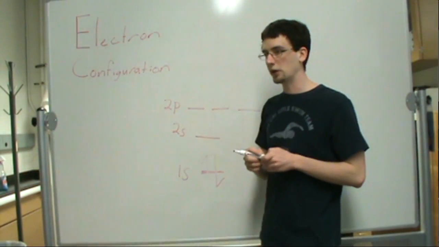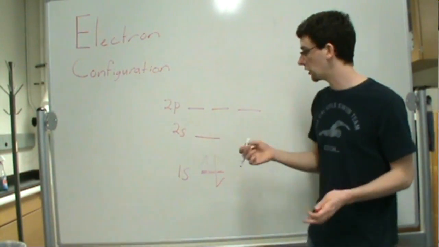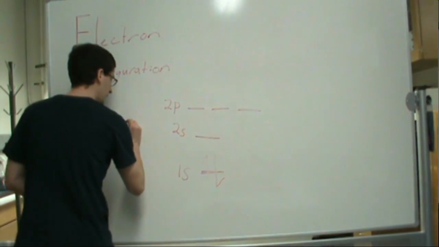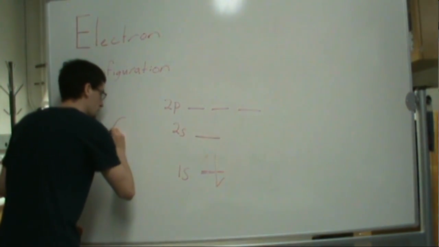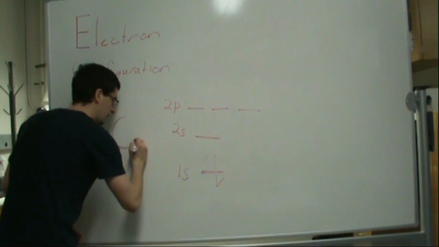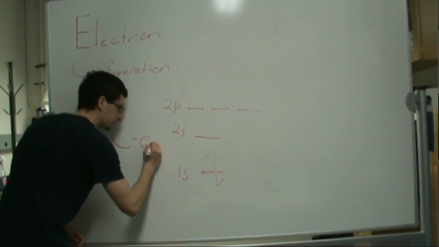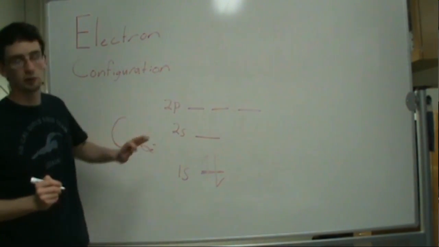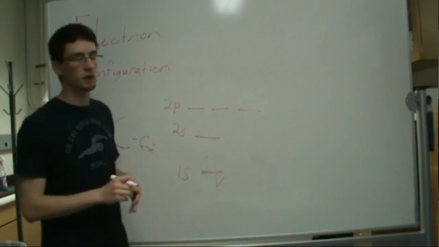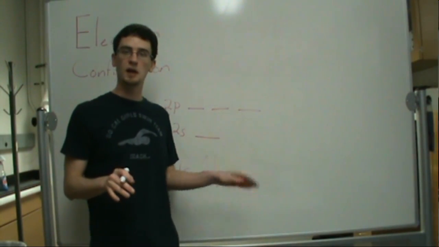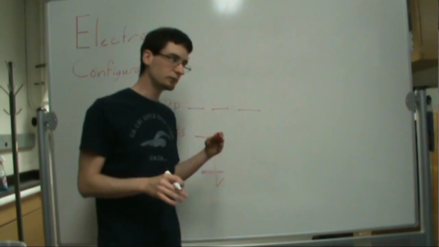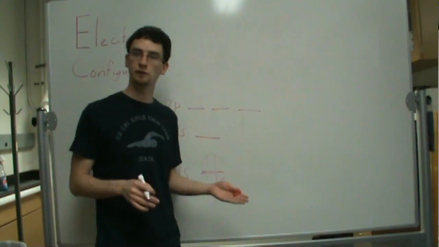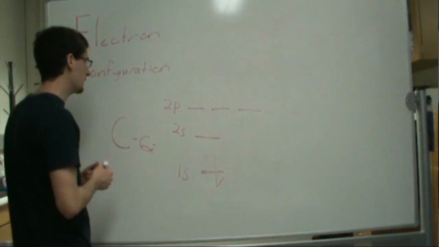Now, we also must consider how many electrons carbon has. Since this is carbon, carbon has 6 electrons total. We knew that from our electron configuration, which I just erased, but also if you count on the periodic table, you'd notice that carbon has an atomic number of 6, so it matches.